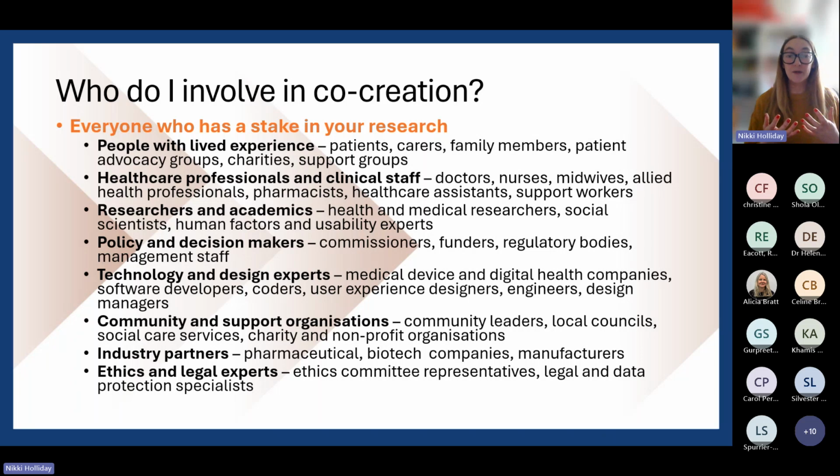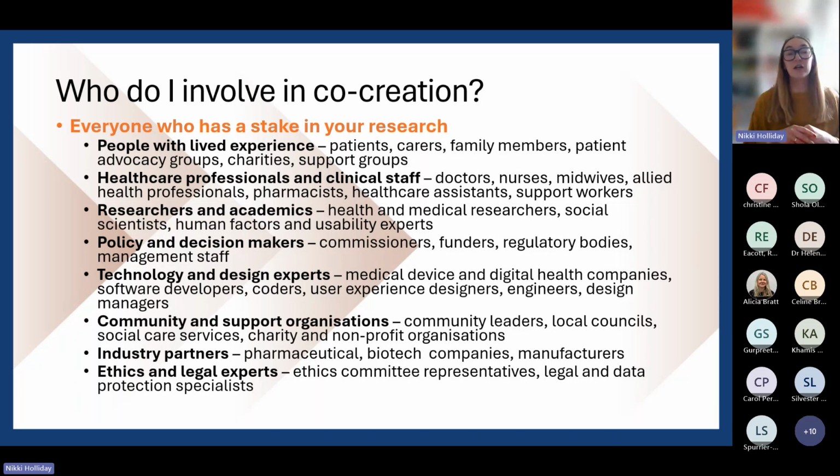Technology and design experts, if it's something digital that you're looking at. So you might want to involve medical device and digital health companies or software developers, people with coding expertise, people who are good at user experience, so how people interact with screens and buttons and how digital products work.